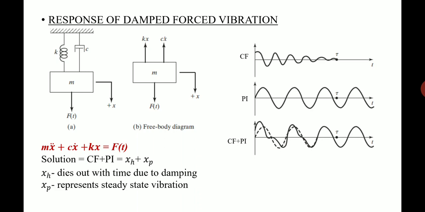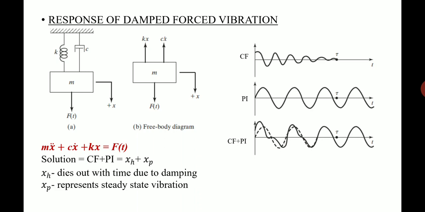On the right hand side there are three graphs shown. The first graph shows the complementary function with respect to time. You can see that the vibration dies out. This shows the case of an underdamped system where you have oscillations with reduced amplitudes, so the vibration gradually dies out.